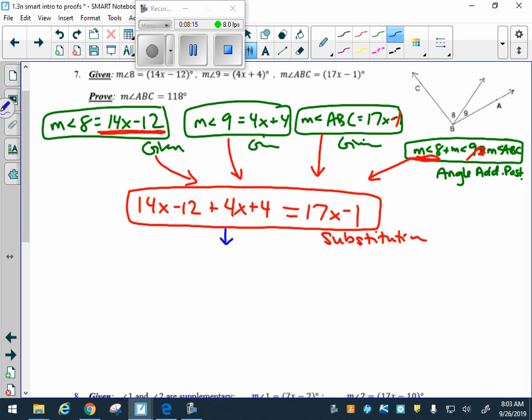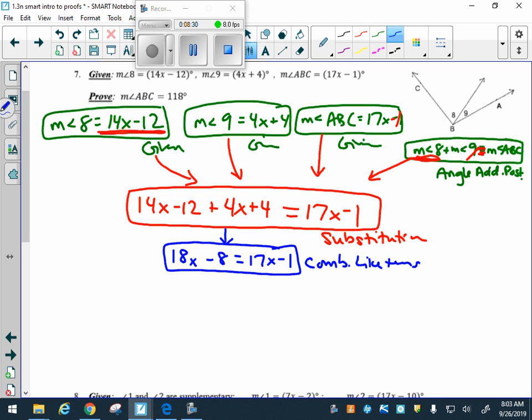Okay, then we're going to do what? Combine like terms. Now, there might be varying order of the way people do this. I'm going to make this 18x equals 17x plus 7.